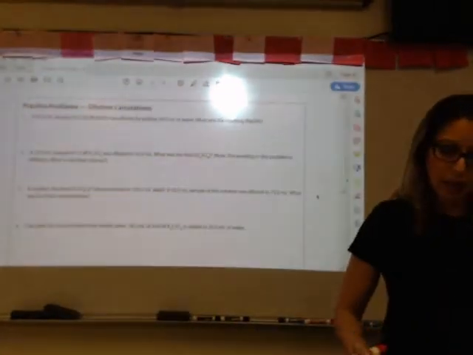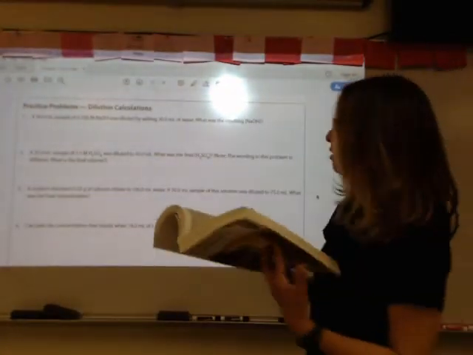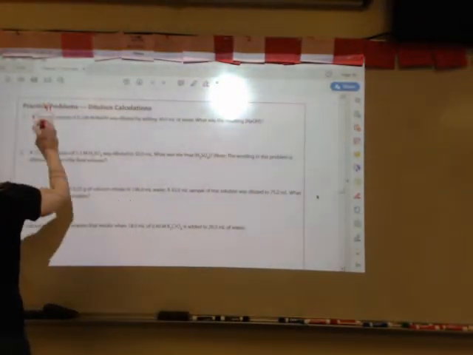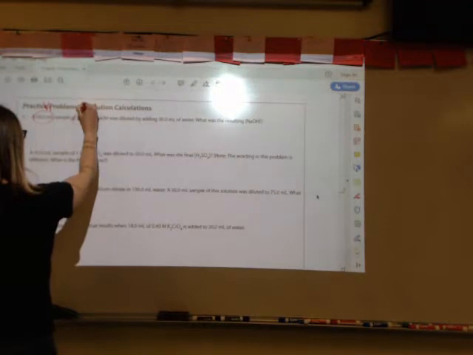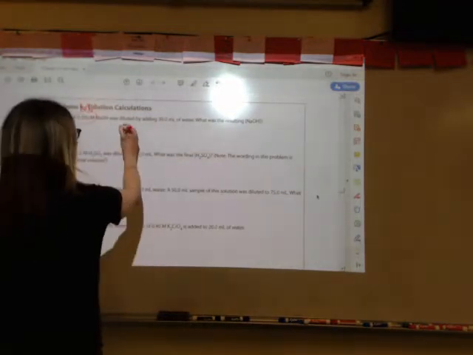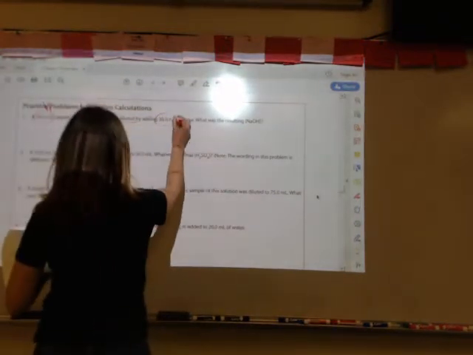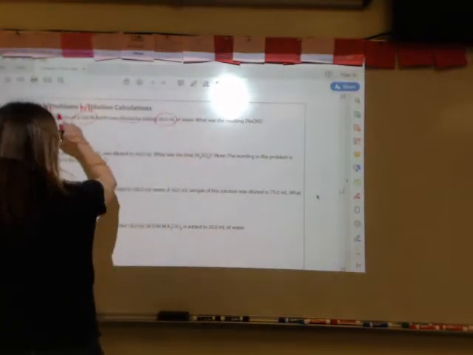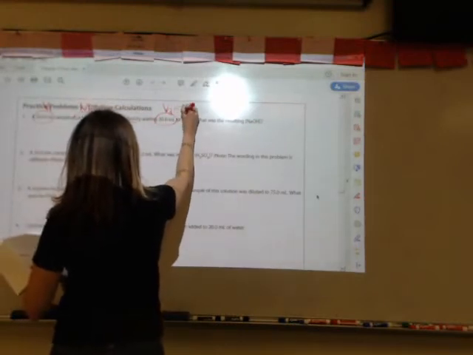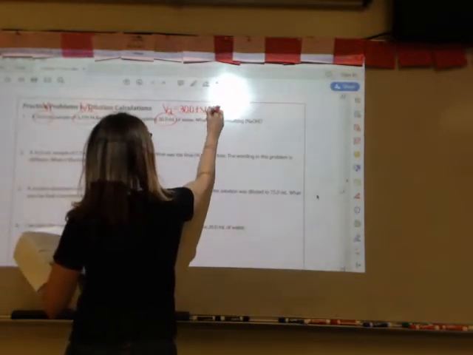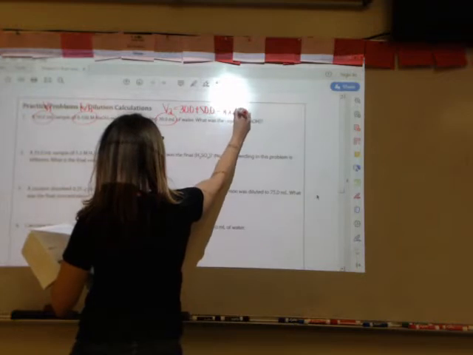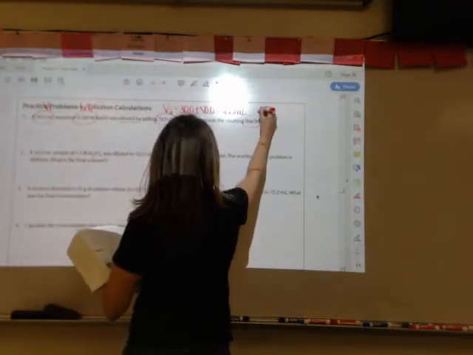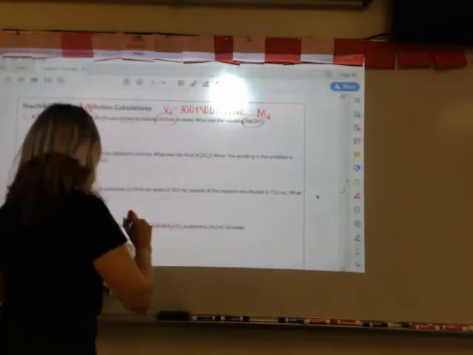So if you take a look at number 1, it says a 50 milliliter sample, so this would be your V1, of 0.1 molar NaOH, which is M1, is diluted by adding 30 mL of water. So if we're adding 30 mL of water, 30 plus 50 to get my V2, is 80 milliliters. And they want the resulting NaOH concentration, which is M2.